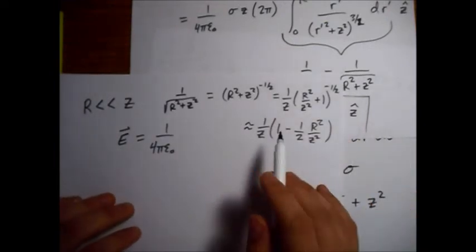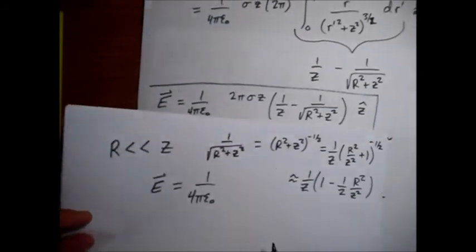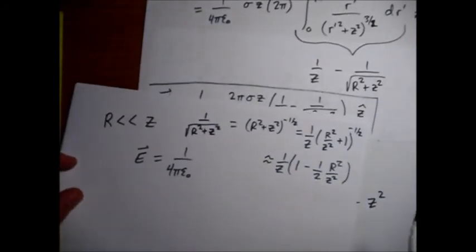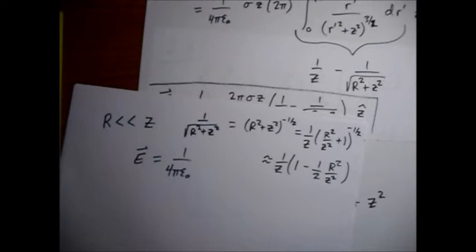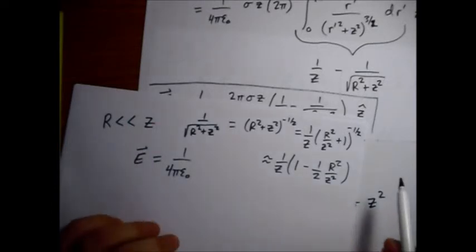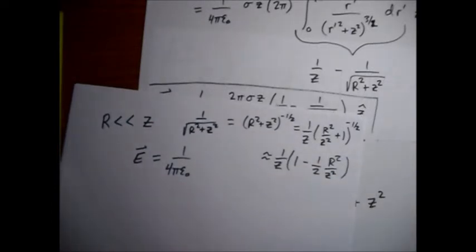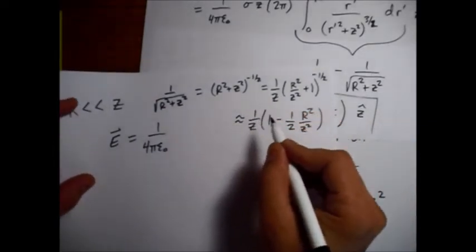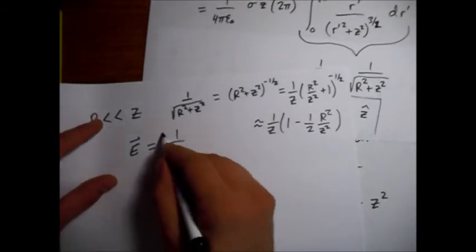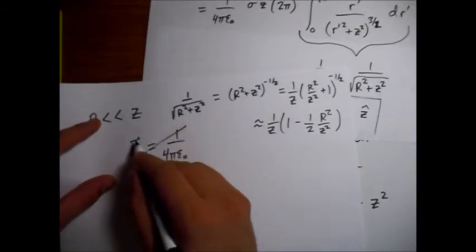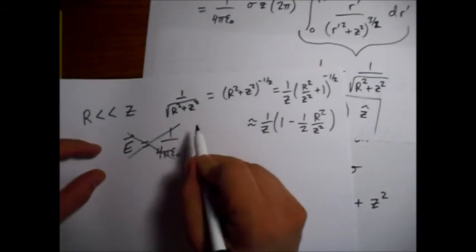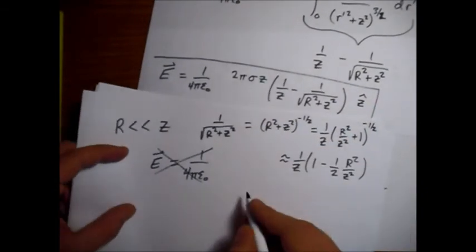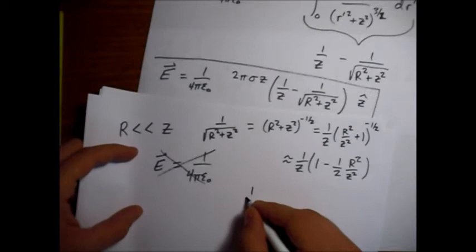Okay, so double check. Yeah, I think so. All right, so now we'll have to move this somewhere else. So coming back to here, we have a 1 over z.